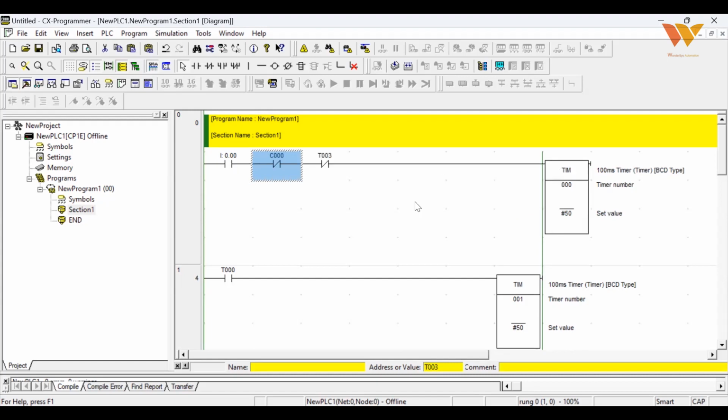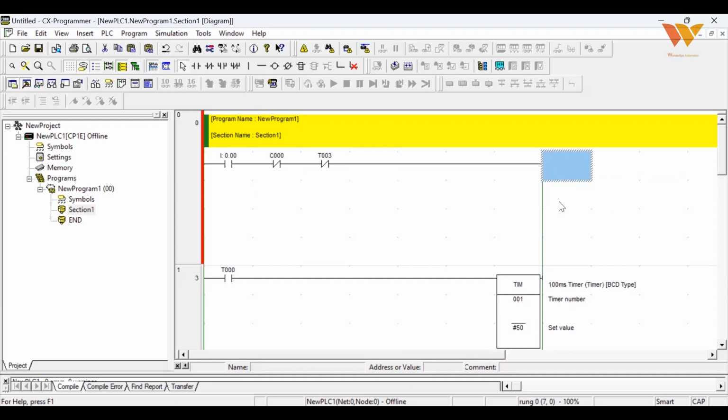Is it fine? Is it okay now? After here, ma'am, on the bottom side, for the L1 lamp also.